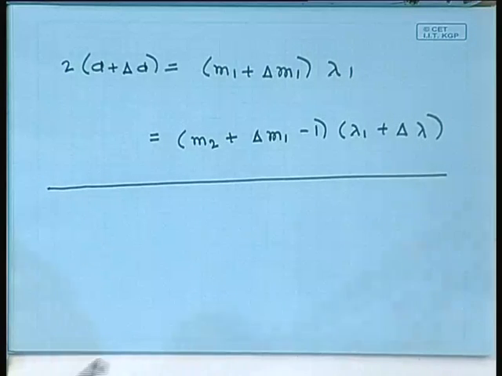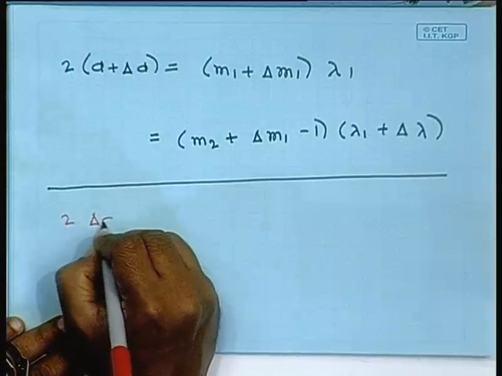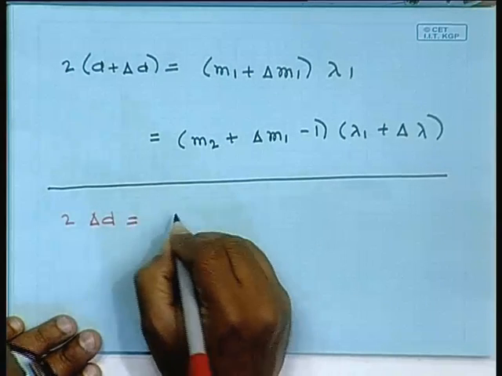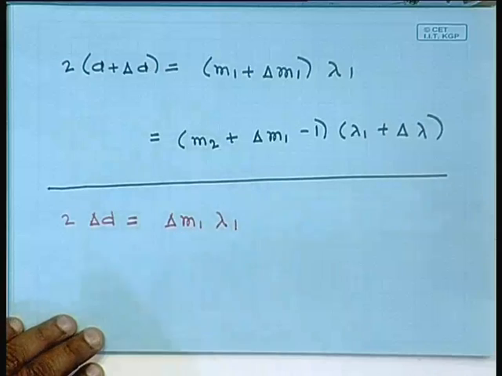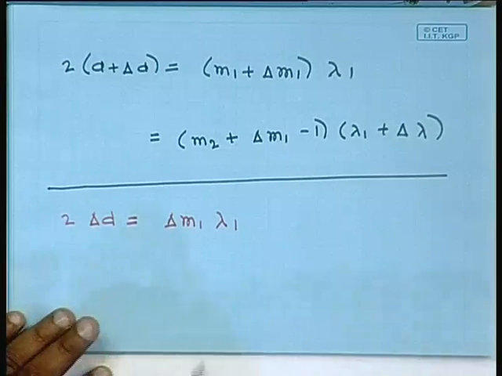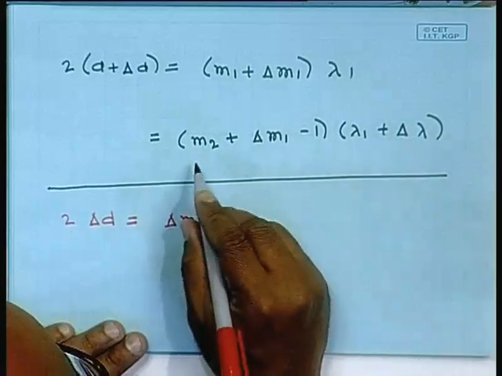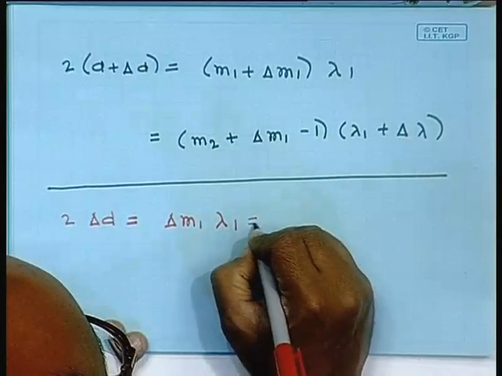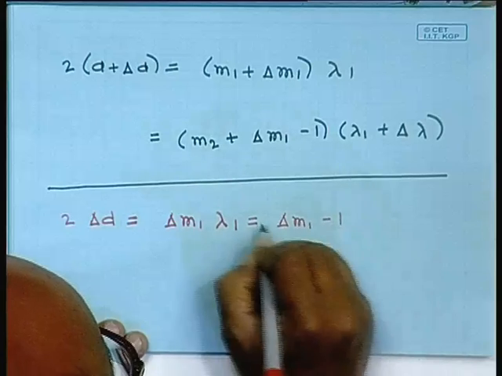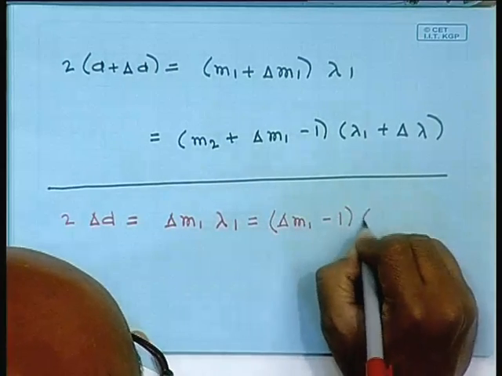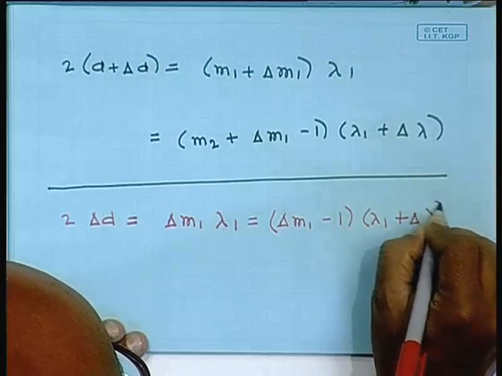So, if I do a little bit of algebra, what I will get is 2 delta D is equal to delta m1 into lambda 1, and lambda 2 into lambda 1 plus delta lambda gets cancelled out. This is also equal to delta m1 minus 1 into lambda 1 plus delta lambda.